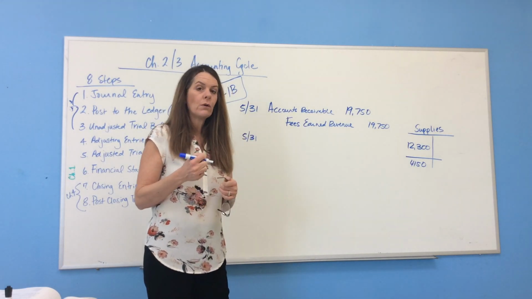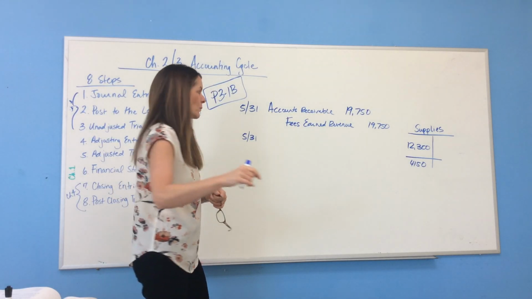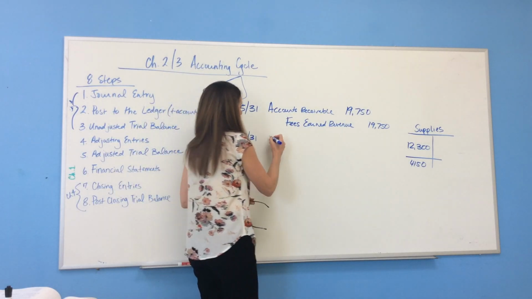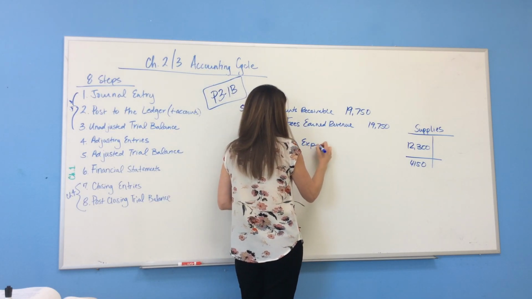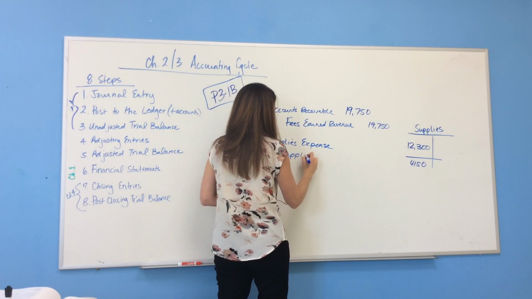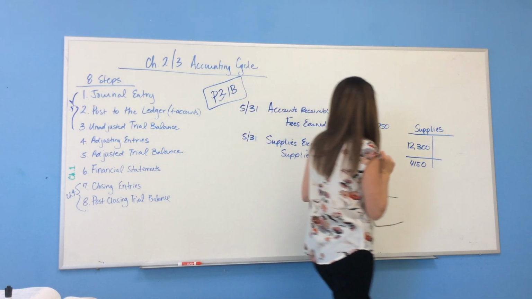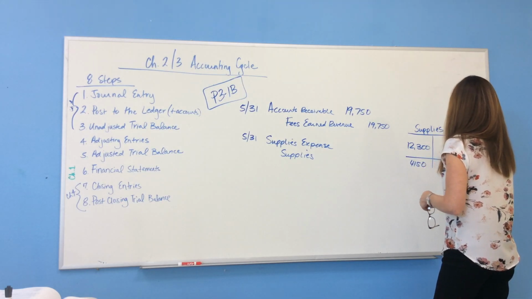So we need to account for that, now at the end of the month, making things right. We talked about that as part of the rules. I'm going to debit supplies expense for the difference, and I'm going to credit supplies. So let me take the difference between these two. I think it's going to be $8,150.